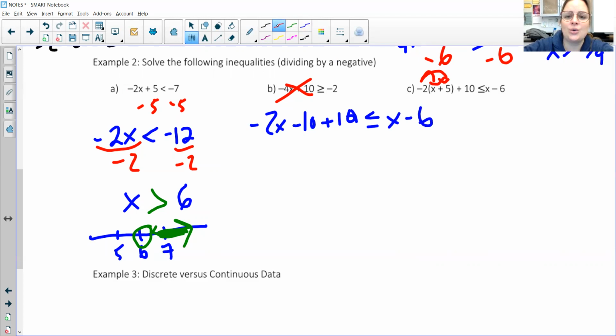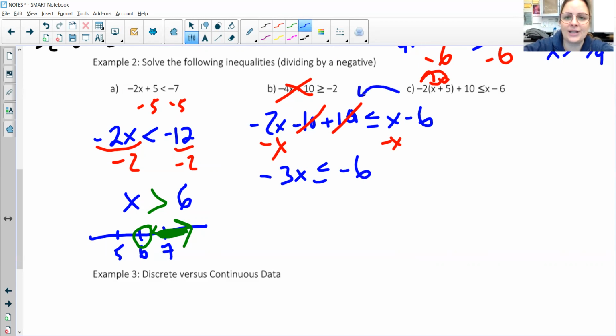Okay, so negative 10 plus 10 cancels out. I just love it when that happens, leaving me with negative 2x is less than or equal to x minus 6. The next thing I want to do is subtract x from both sides. So I get negative 3x is less than or equal to negative 6.